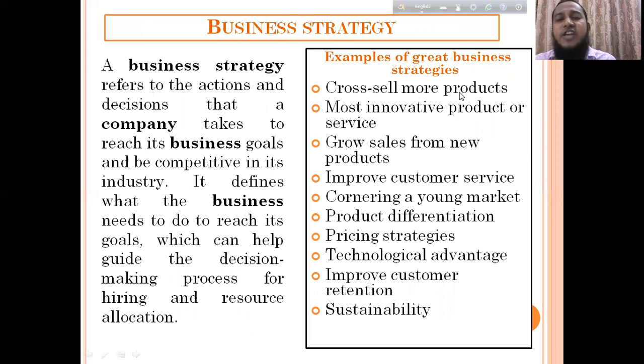It indicates increasing the selling of products to a customer. For example, in the case of the banking sector and office supplies, cross-selling more products is much more appropriate. Other business strategies may be most innovative product or service, grow sales from new products, improve customer service concerning a young market, pricing strategies, technological advantage, improve customer retention, sustainability, and so on.